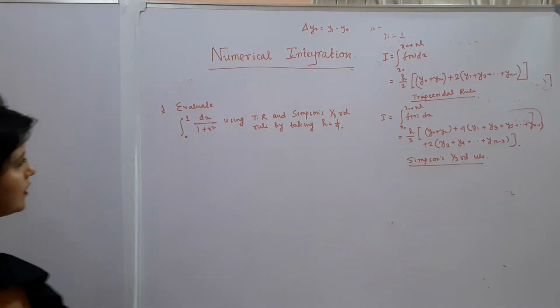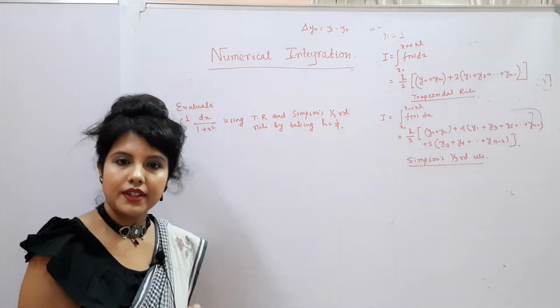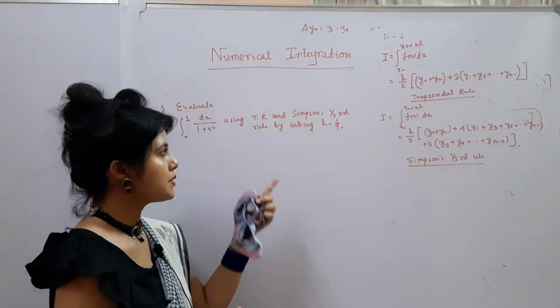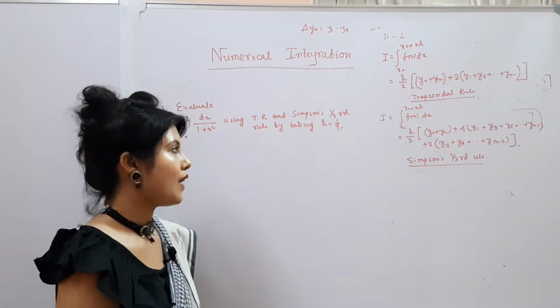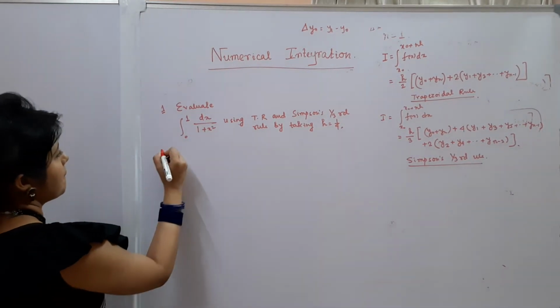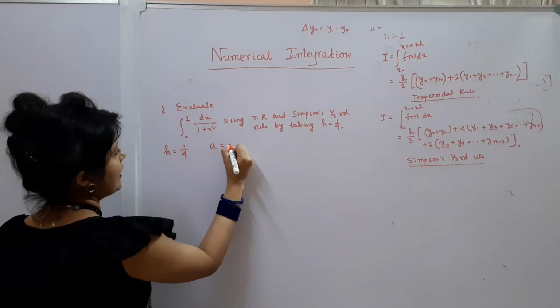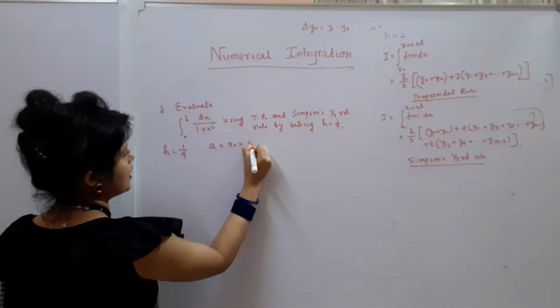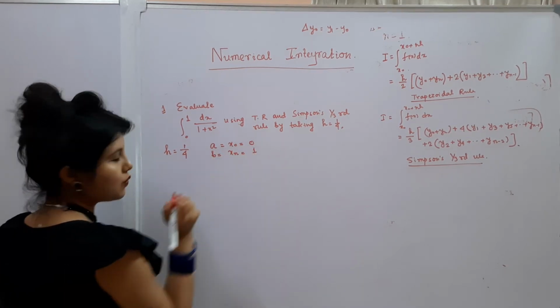Now you have to evaluate this once by the trapezoidal rule and again by Simpson's 1/3 rule, taking h equal to 1 by 4. It is given that h equal to 1 by 4, and here a, that is x0, is 0 and b, that is xn, is 1.